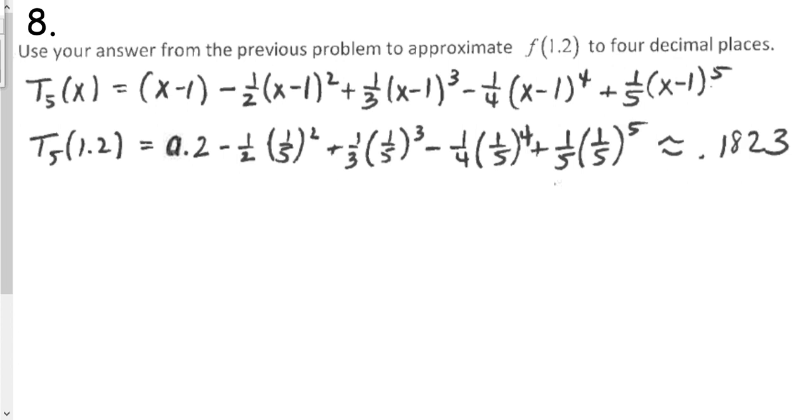This. They took their fifth degree Taylor polynomial, they substituted in 1.2, and that's why the centering at 1 was really nice, right? If I want to find natural log of 1.2, I'm not going to center it at 5. I'm going to center it at the closest nice number, the closest integer, perhaps, and utilize that. So 1 is close to 1.2. If I want natural log of 1.2, this is the guy I might pick, right?